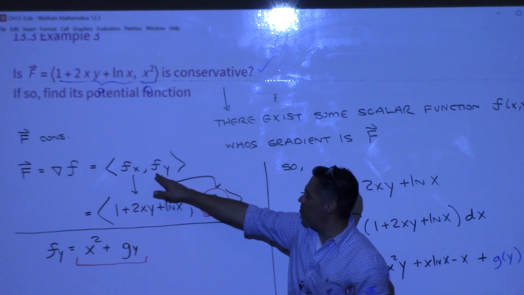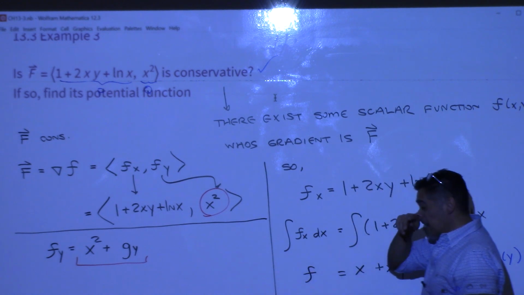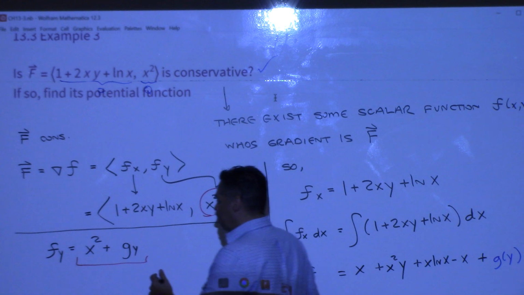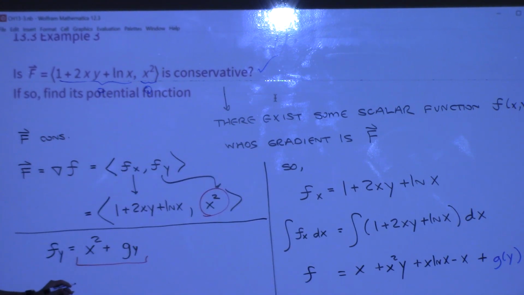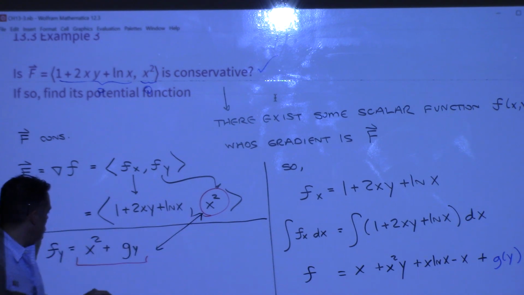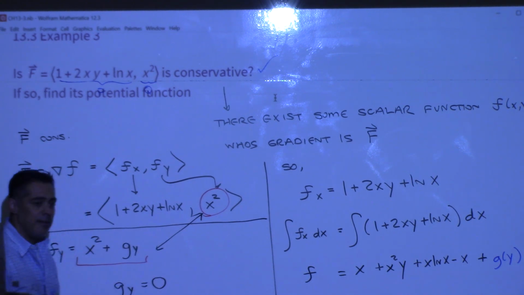They told us the partial of f with respect to y had to be x squared. So what does that tell you the partial of g with respect to y is? 0. So this right here means that using these two things together, the partial of g with respect to y must be 0, right?